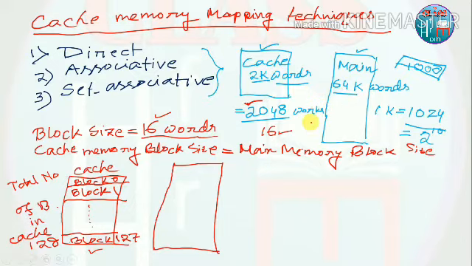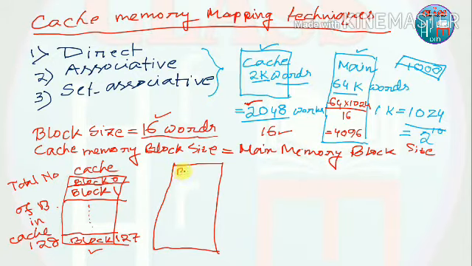So what you have to do, you have to multiply 64 by 1024, then divide it by 16. If you divide it, the total number of main memory blocks will be 4096.